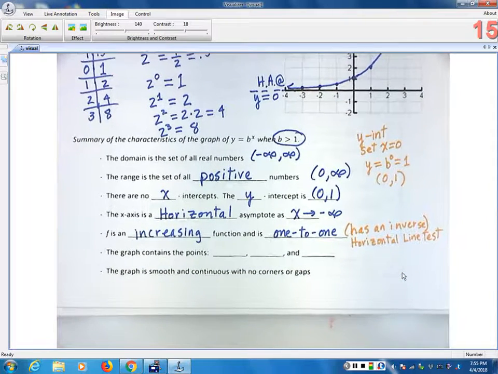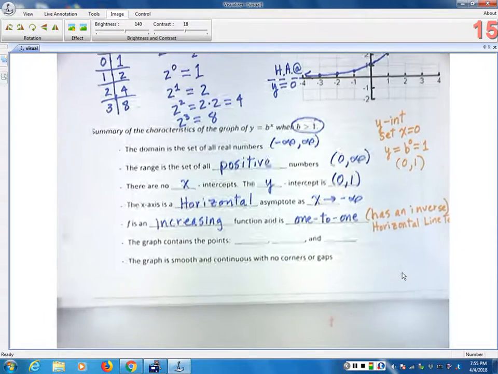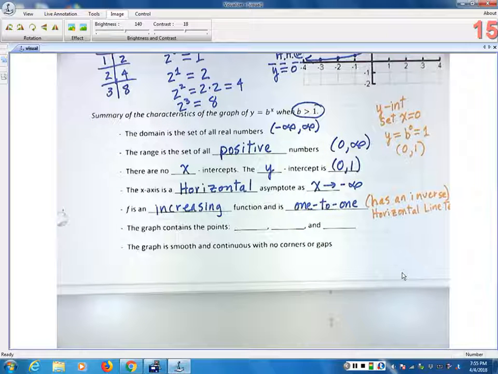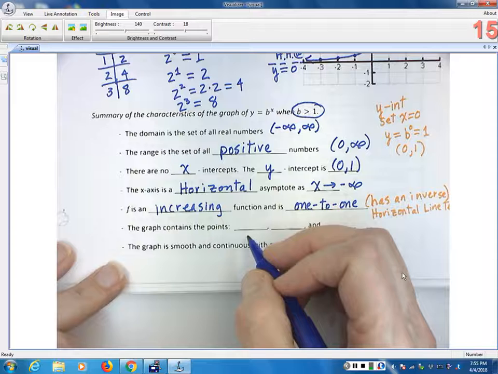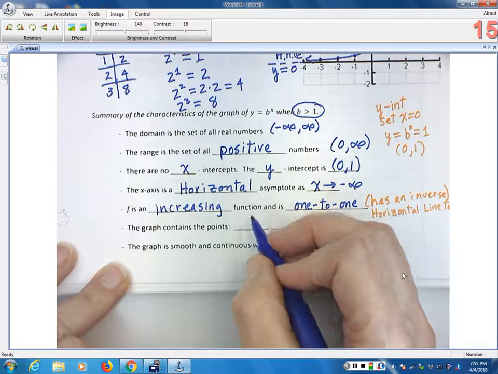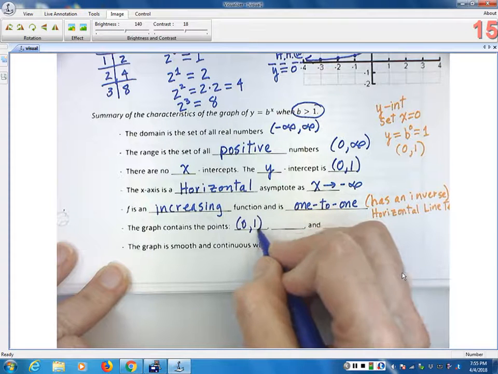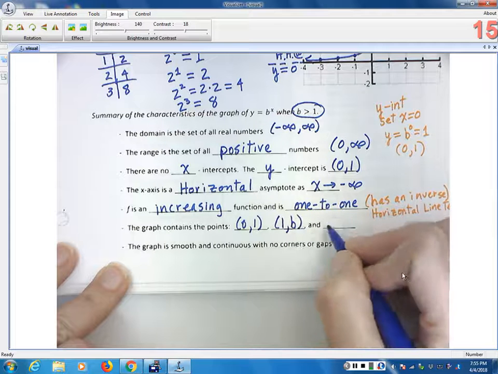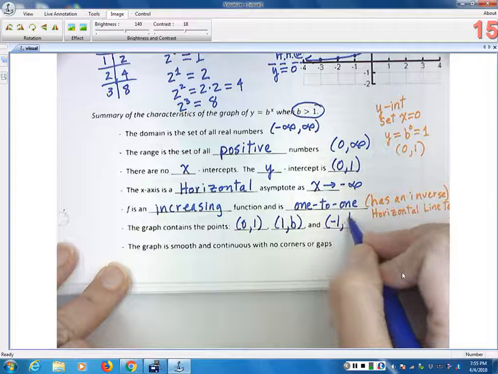Okay, so we're reviewing some of the things we went over in the previous chapters, but just with exponentials now. The graph contains the points 0, 1, because that's the y-intercept, 1, b, and -1, 1 over b.